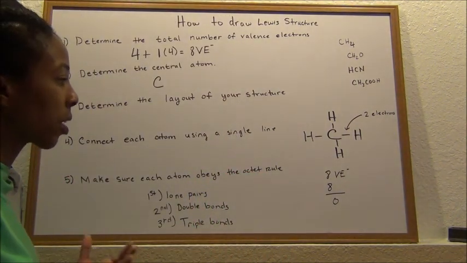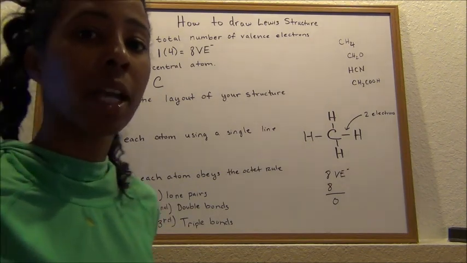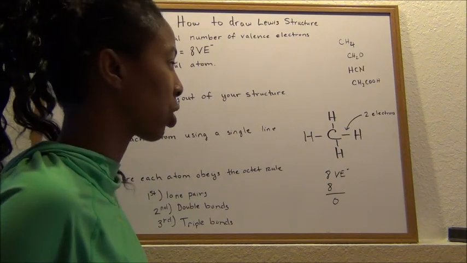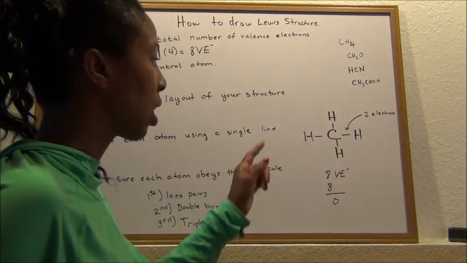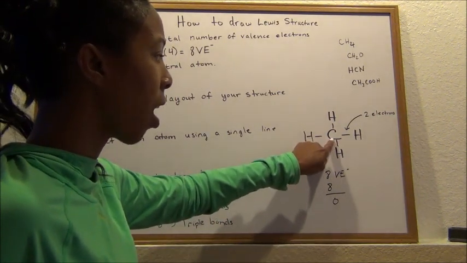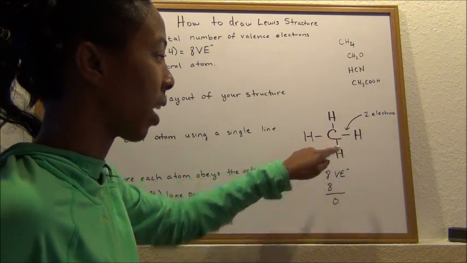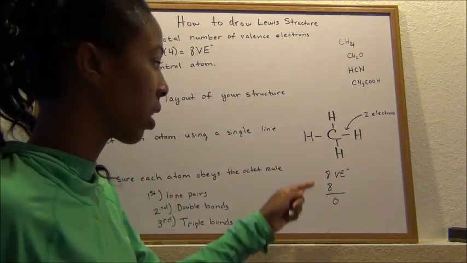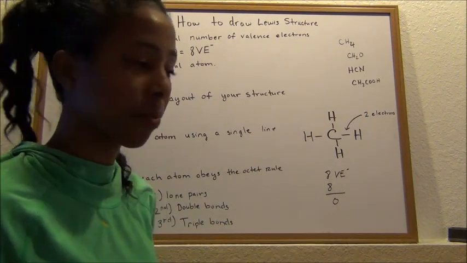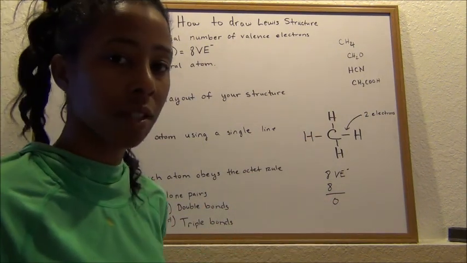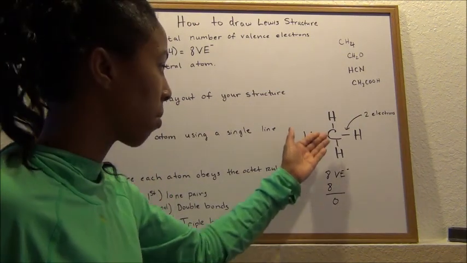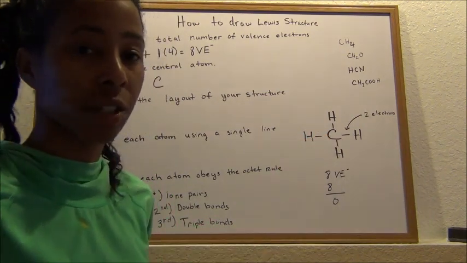So I'm going to make sure that every atom, and you can write this down, except hydrogen obeys the octet rule. Here, carbon has 2, 4, 6, 8 electrons around it. Since it has 8 electrons around it, it obeys the octet rule. I've used up all my electrons, so therefore, this is the structure of methane, or CH4.